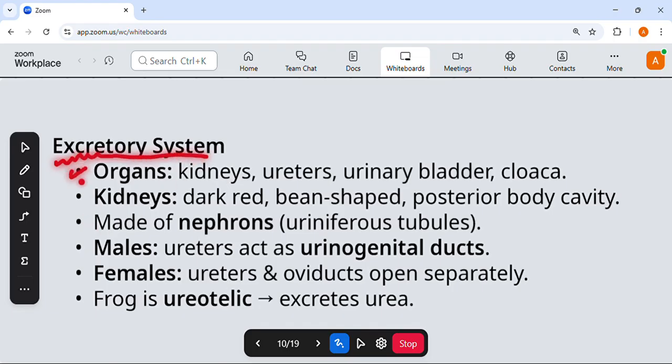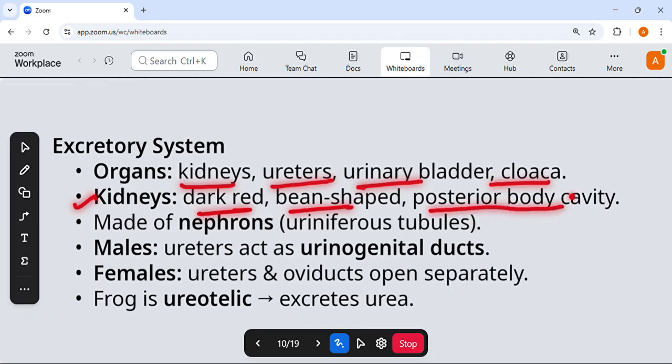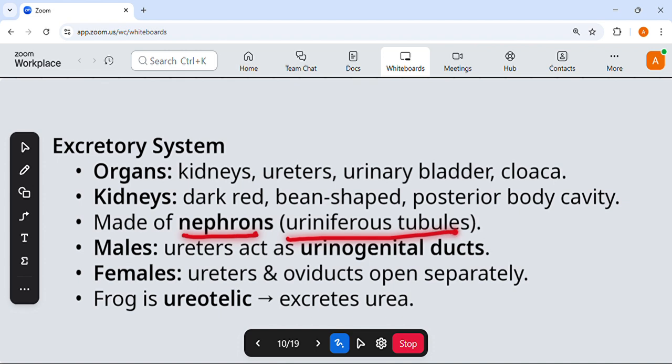Now excretory system. The organs involved in excretory system are kidneys. From kidneys to the ureter, urinary bladder, and then cloaca. Kidneys are dark red bean shaped structures present in the posterior body cavity, and they have the nephrons, also known as uriniferous tubules, which are the structural and functional unit of kidney.